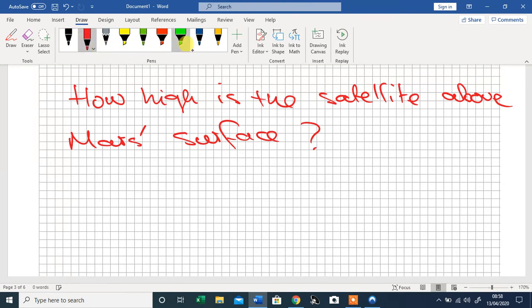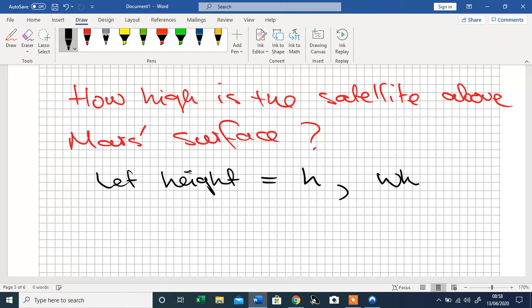Well, for this, we'll call the height, let height equal h, where h equals r minus r sub m.